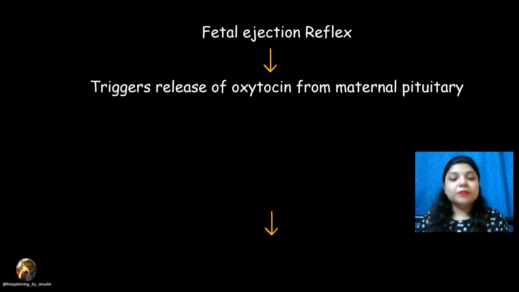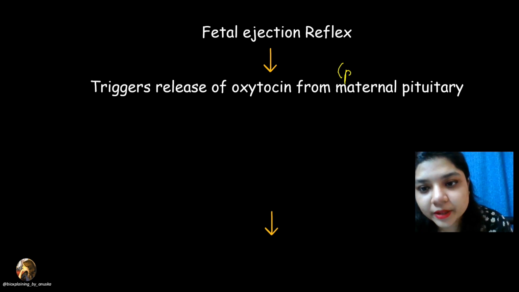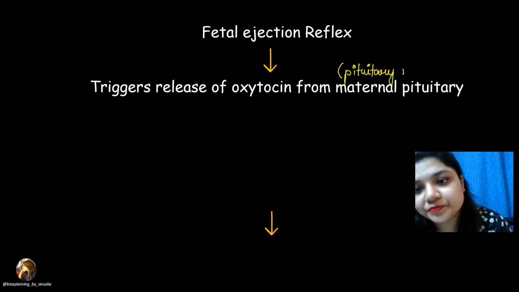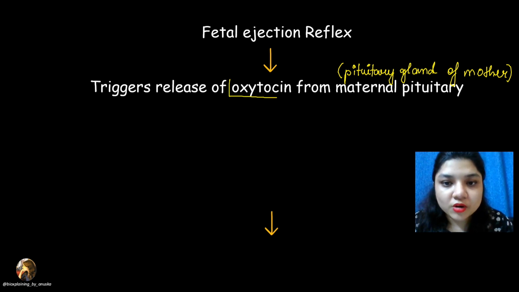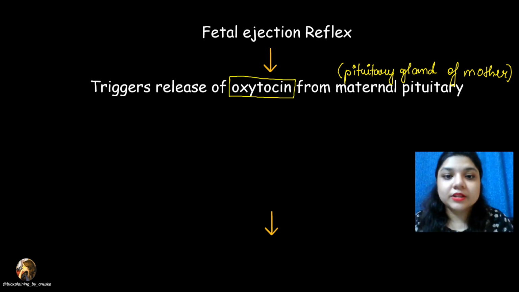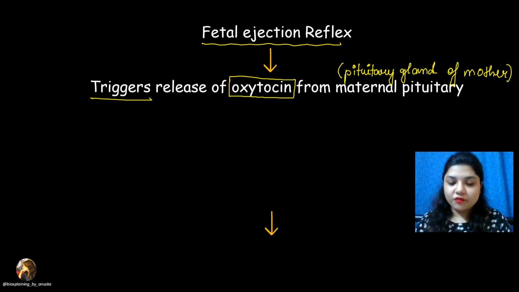What does maternal pituitary mean? Maternal pituitary means the pituitary gland of the mother. That will start releasing oxytocin.